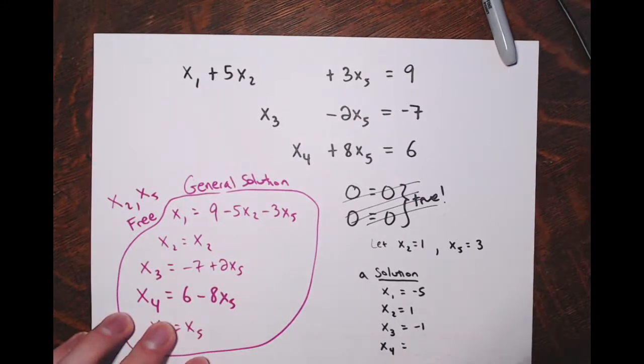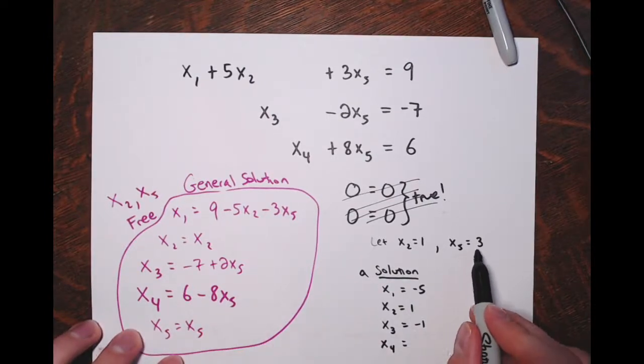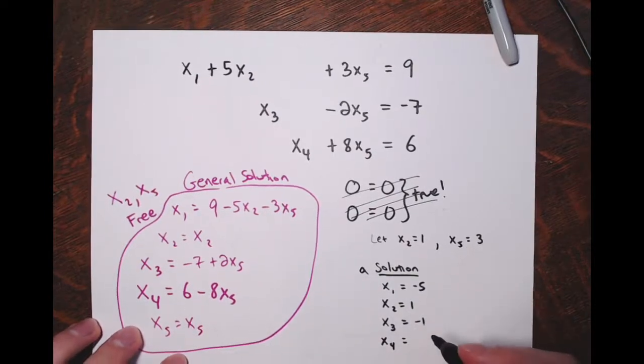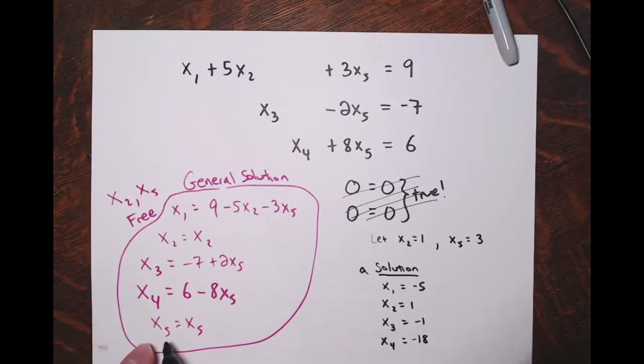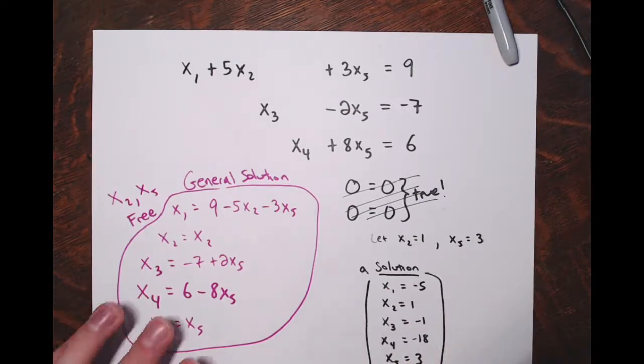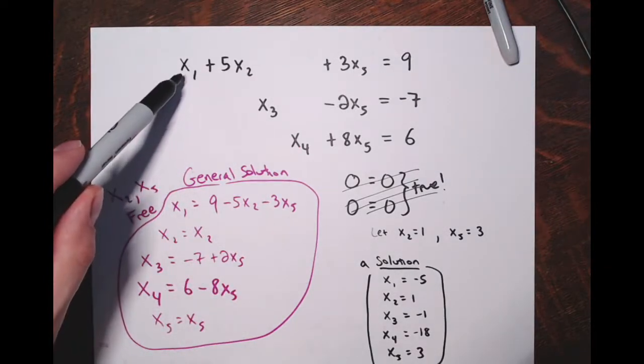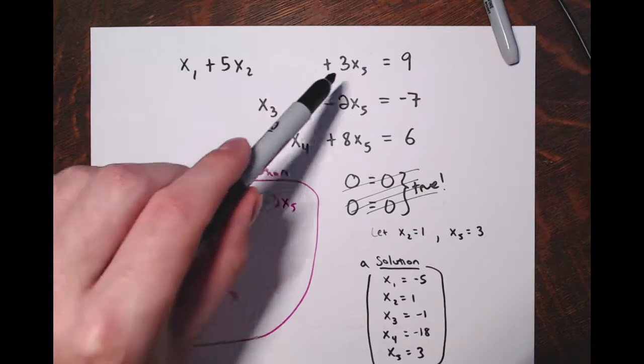x4 would be 6 minus 24, 6 minus 8 times 3. It's negative 18. And then x5 would be equal to 3. This is a solution. Now we can check. Negative 5 plus 5 is 0, plus 9 is 9.